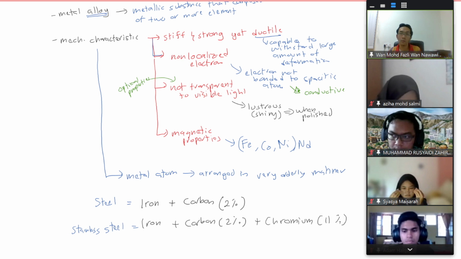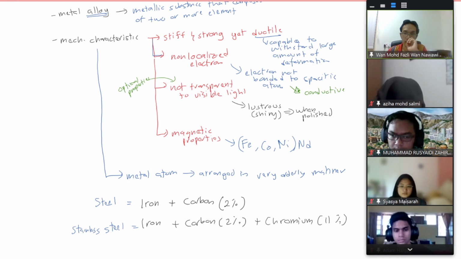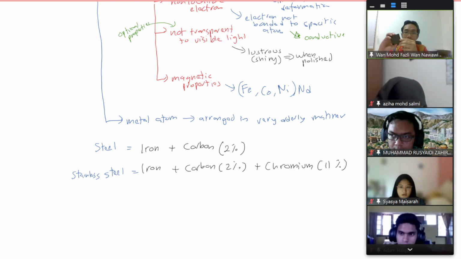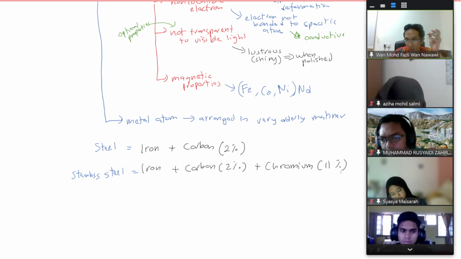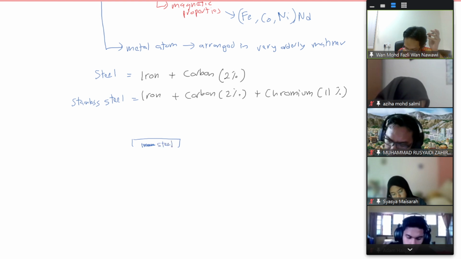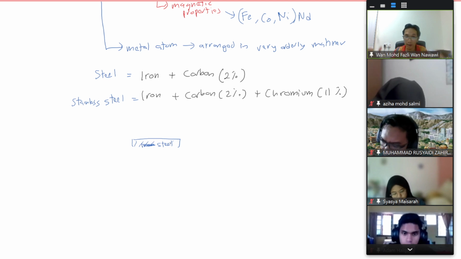Okay, the reason why you put chromium for stainless steel is this. If you see steel here, one of the problems with iron, even though there is carbon here, is that if you have this, let's say this is iron or steel. And we know steel has a lot of iron in it. 2% is carbon, but the rest is iron.